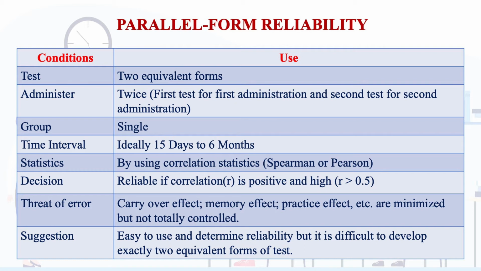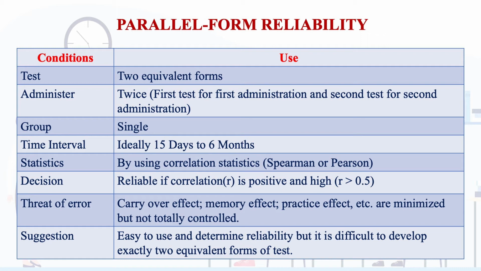And administer. So how many times do you have to administer? Here also you have to administer twice. That means in the first administration you have to use the first test, and in the second administration you have to use the second test, and the group will also be single. So upon a group of students, you have to administer the first test, then after a gap of 15 days to 6 months, the second form of test, the equivalent form that you have prepared, you have to use.